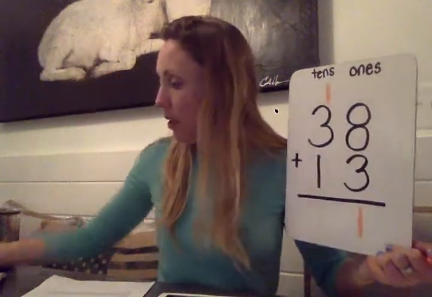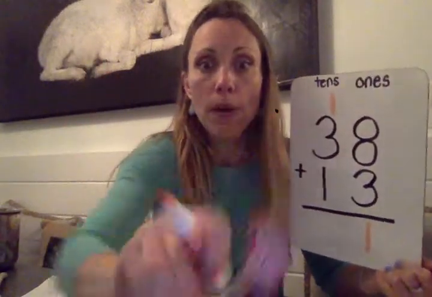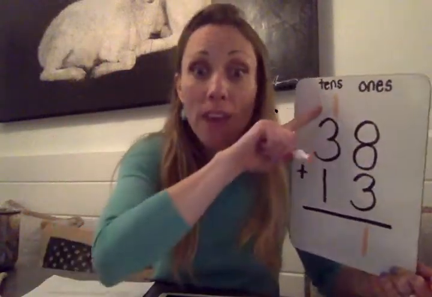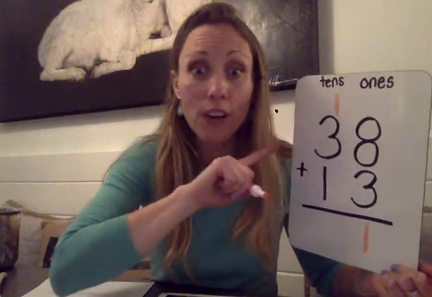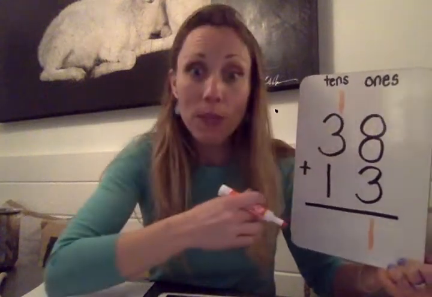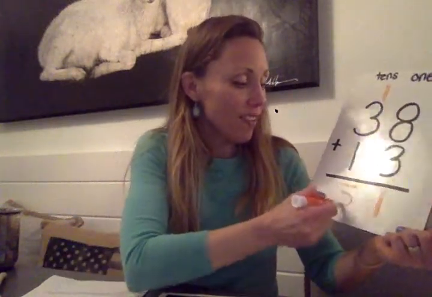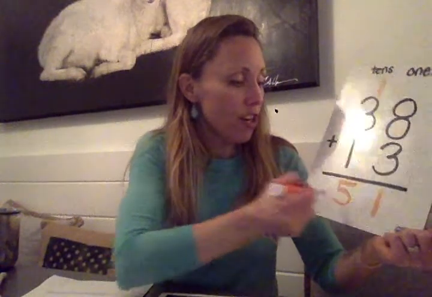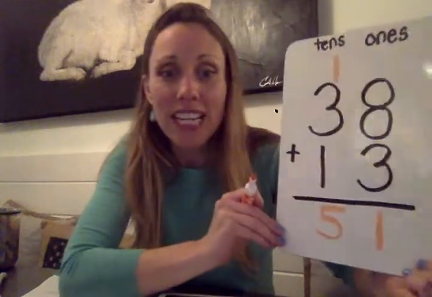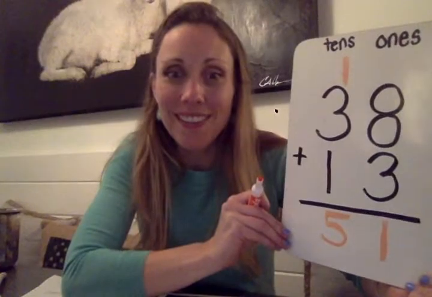Wait. Stop. Don't forget the other one that I already brought over, okay? So it's not just 3 plus 1, it's 3 plus 1 plus 1. So we have 5. That marker is not very dark. 38 plus 13 is 51.